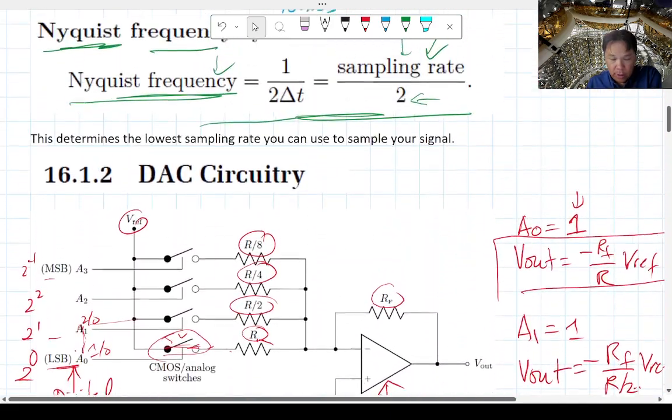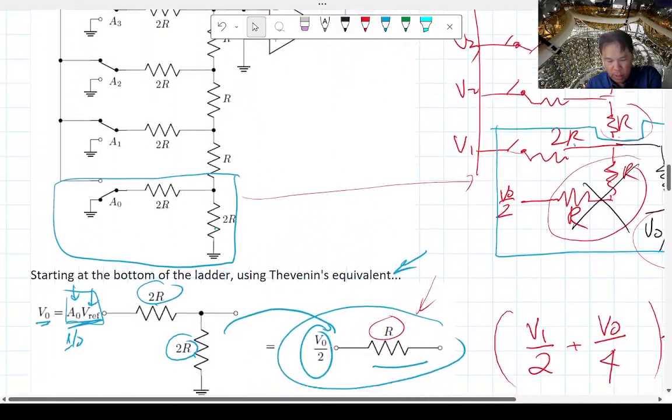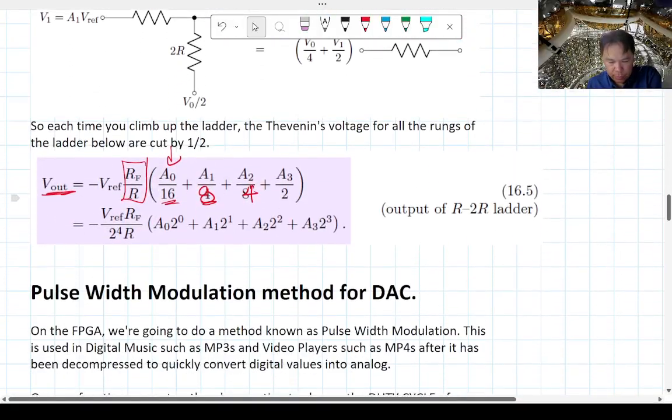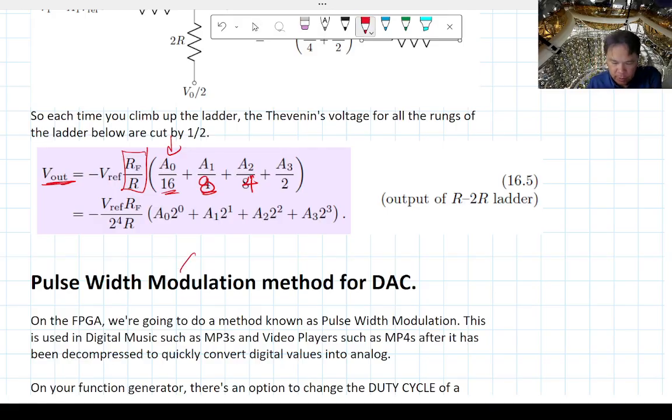And we're actually going to use this once again when we go the other way next week with analog to digital conversion. So that's what the book covers. What you're going to do in the lab is a small version of this, but on the FPGA we're going to do something a little fancier called pulse width modulation. This is a method for converting your digital data into analog.